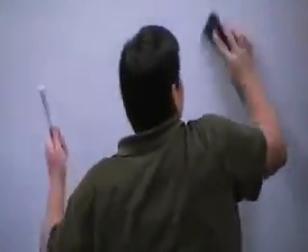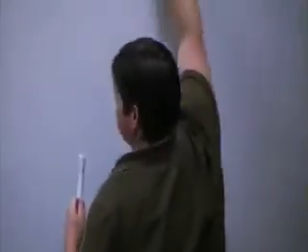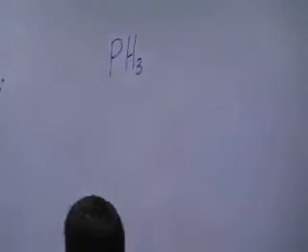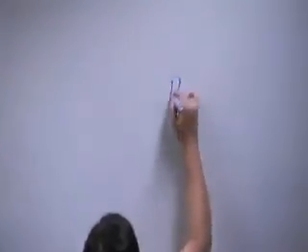Okay, let's do maybe one more, or a couple more. Do y'all need to do a couple more, or are y'all good? A couple more? Okay. All right, let's look at PH3. What's your central atom? Phosphorus.